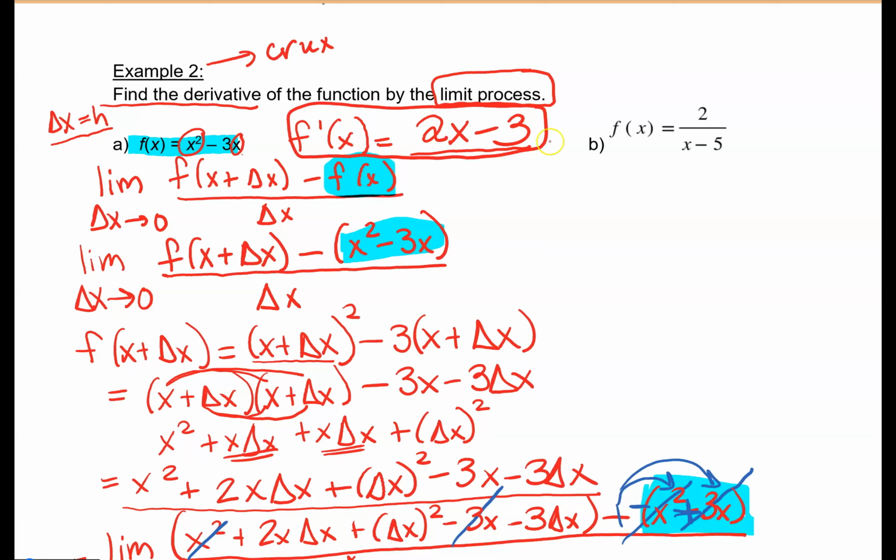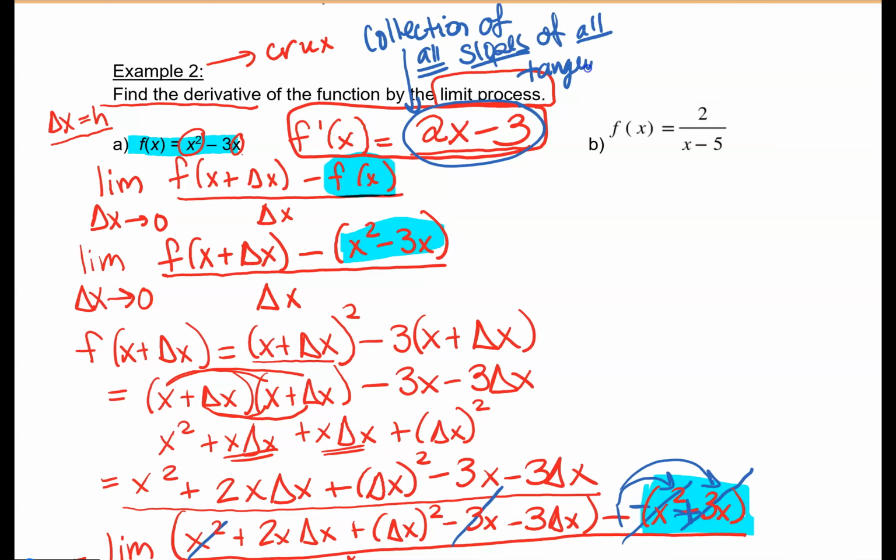So what this function is, this is the collection, you need to understand this, this is the collection of all the slopes of all the tangent lines. All the lines that were tangent to f at every single x. At all x, right? That's what this is.